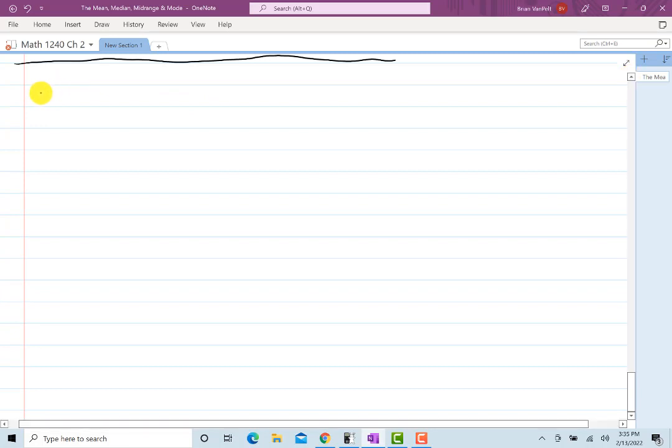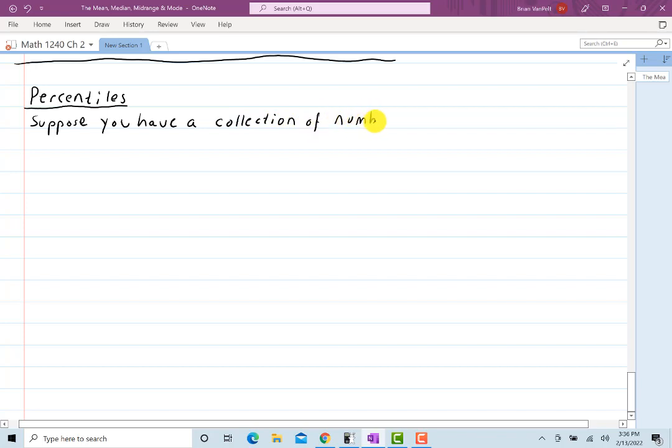The last topic that I want to talk about is something called percentiles. And so suppose you have a collection of numbers arranged from smallest to largest.